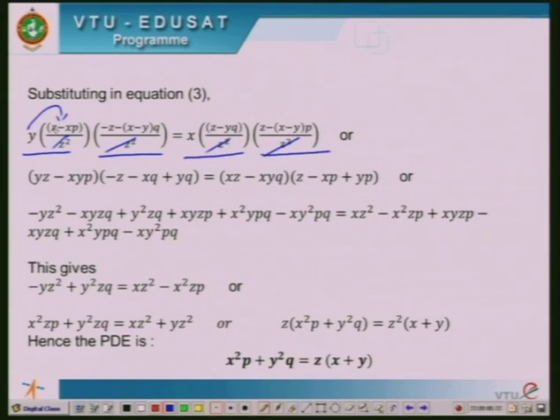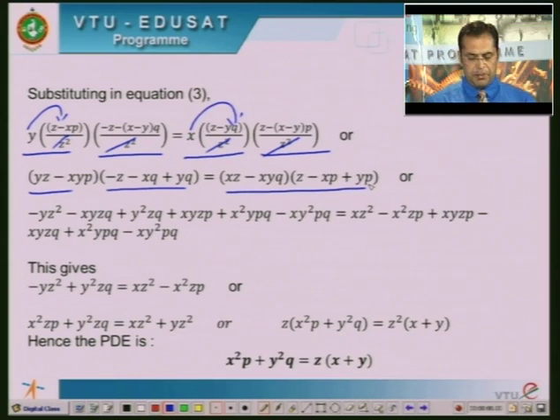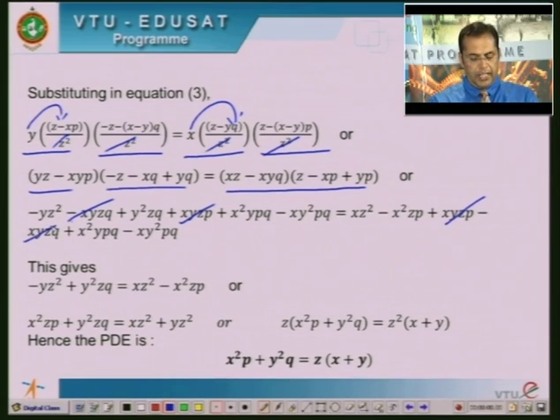First I have taken this y and multiplied to this, take x and multiply to this, rearrange, multiply the left hand side terms and right hand side terms and cancel the terms which are equivalent. You can see that x y z p cancels, then x y z q here as well as here cancel. Okay, rearrange by taking all p and q to LHS, remaining terms to RHS to give you this expression.